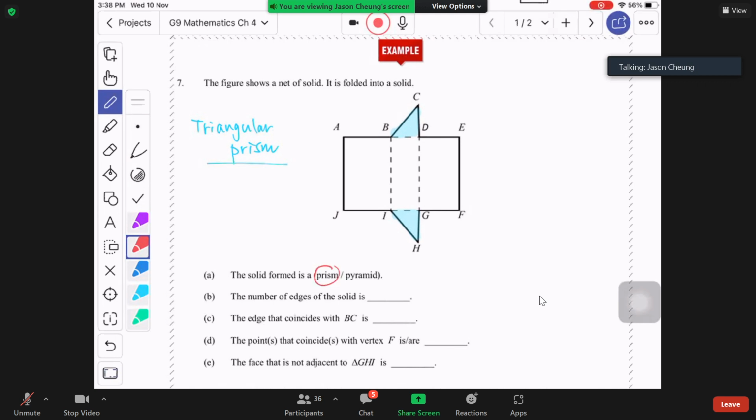So here, let me see, can I have some? All right, let me give you some.